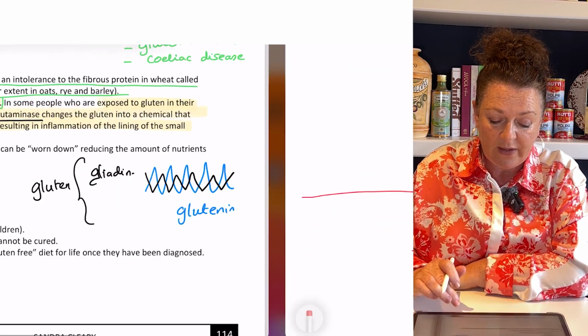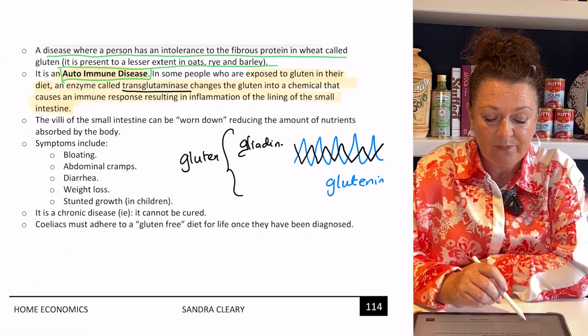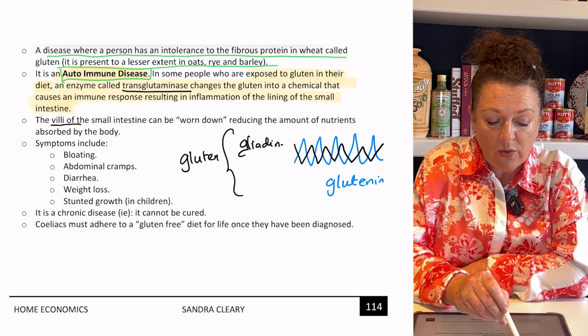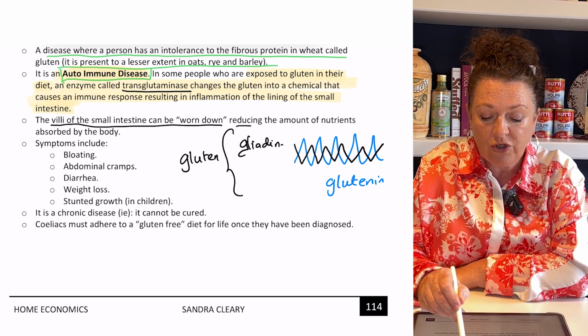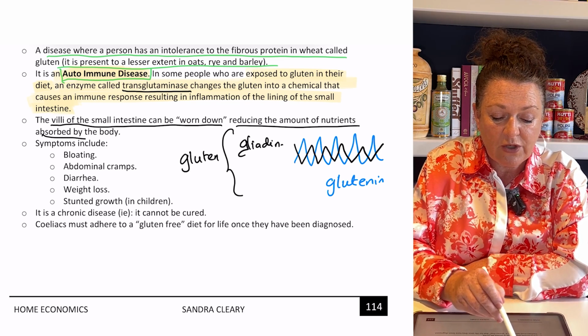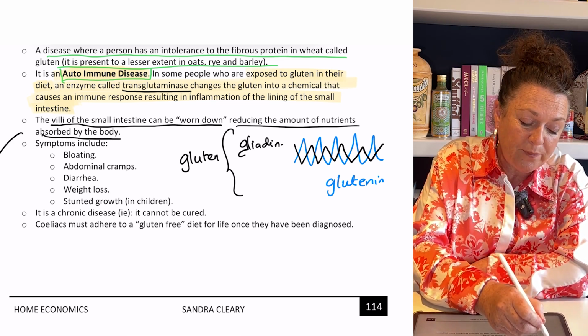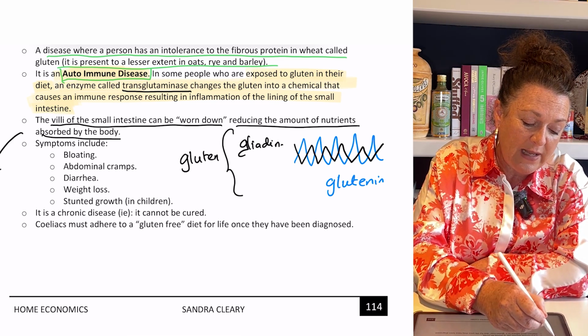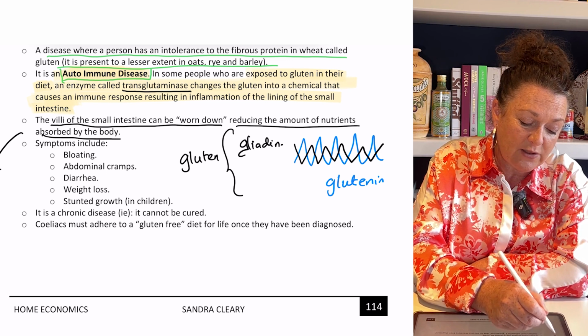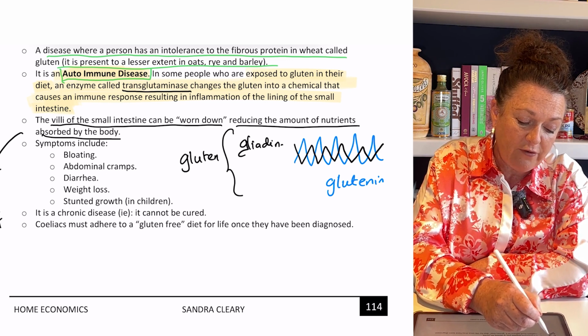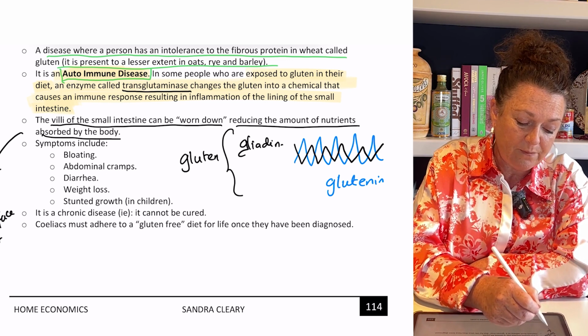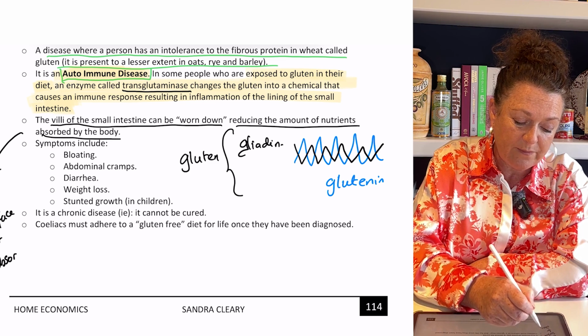Right, moving back then to our chapter. So the villi of the small intestine end up being worn down, reducing the amount of nutrients absorbed by the body due to less surface area for absorption of nutrients.